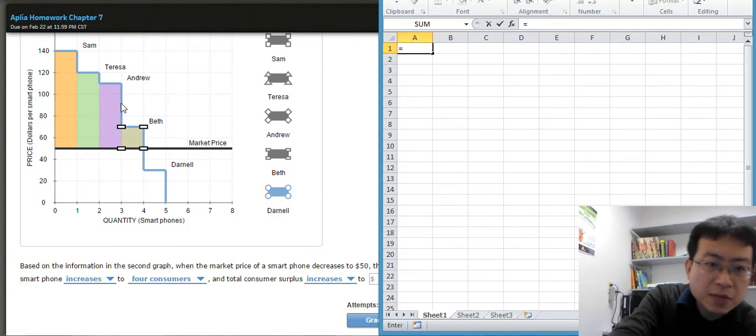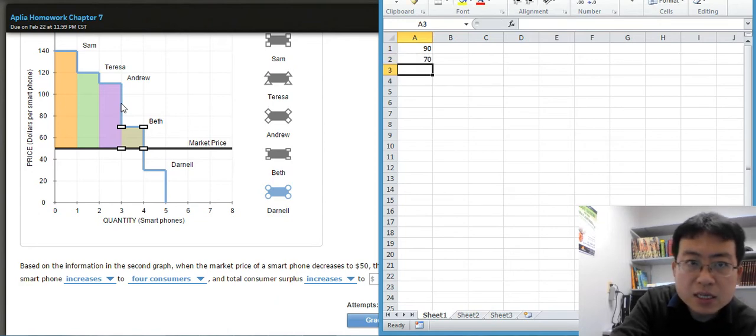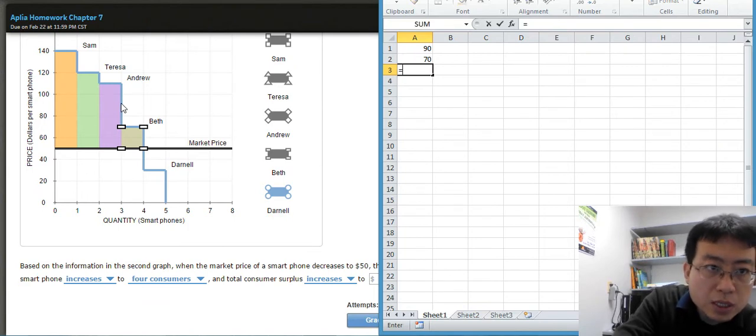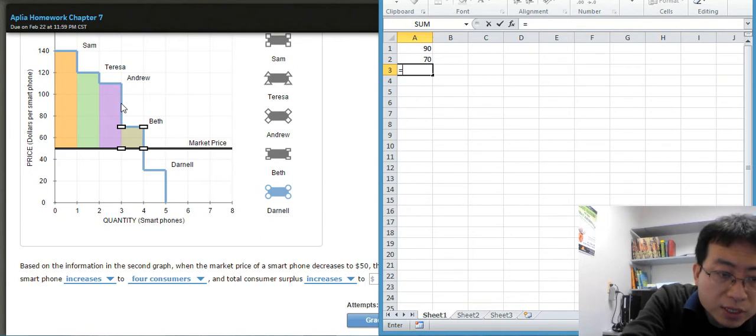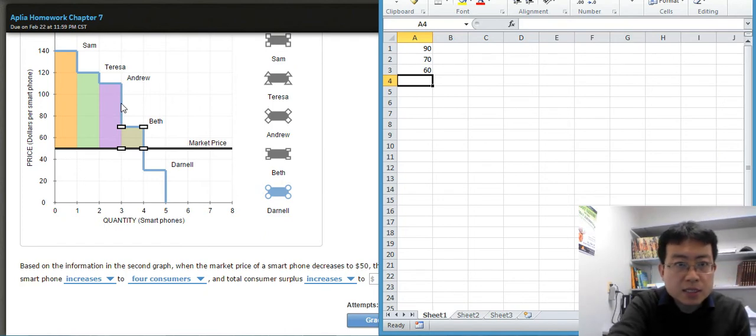So his consumer surplus is $140 minus $50, which gives you $90. And then for Teresa, her maximum willing to pay is $120, and the price is $50, so her consumer surplus is $70. And then Andrew is willing to pay, looks like $110, and the price is $50, so his consumer surplus is $60.